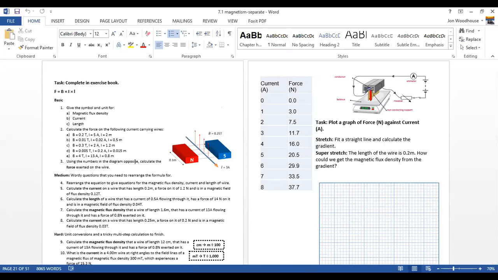Finally, bear with me because this is the first time I've done Zoom.